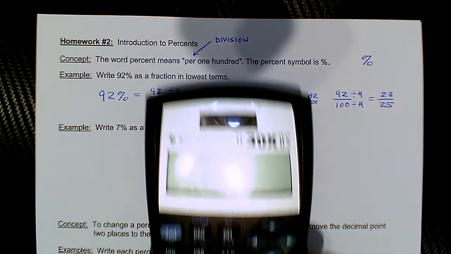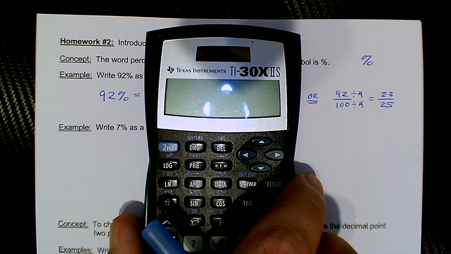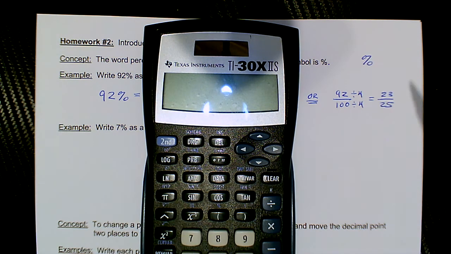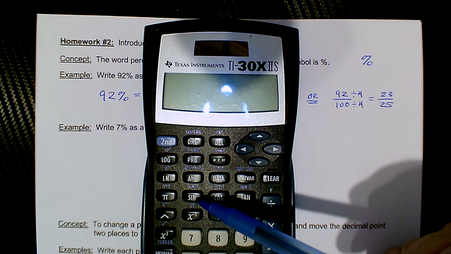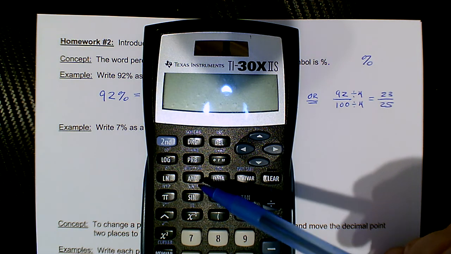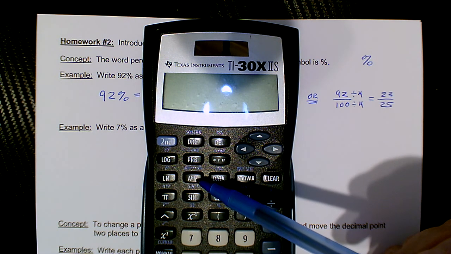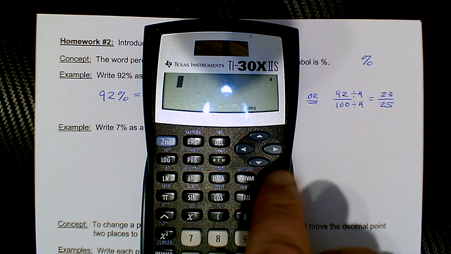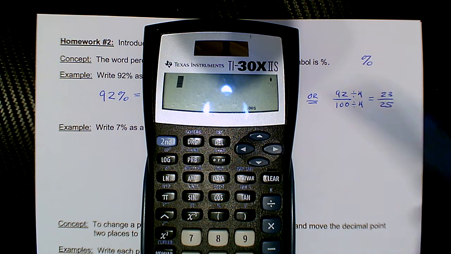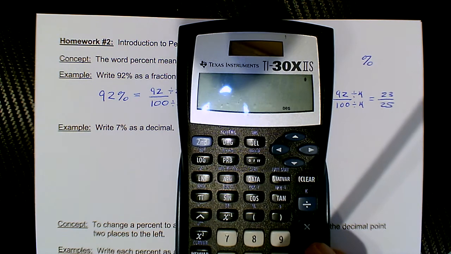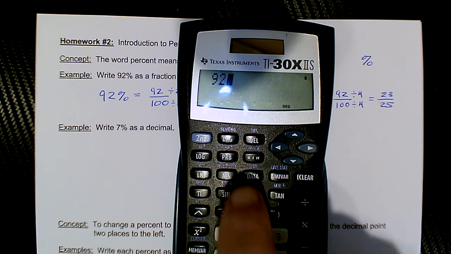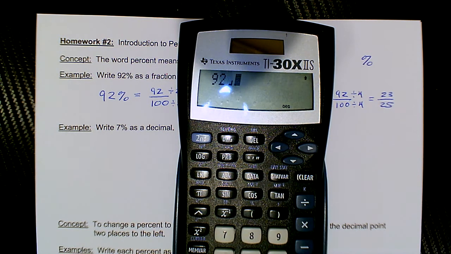Now, one other thing on your calculator, if you purchased the TI-30X2S or you have a similar type of calculator, on this calculator right above the SIN or sine button is A with a B over C. That's our fraction key. So this is a very useful key. If I turn on the calculator, and I'll just clear it, I could reduce this fraction, 92 over 100, by first typing in 92, then hitting that fraction key.